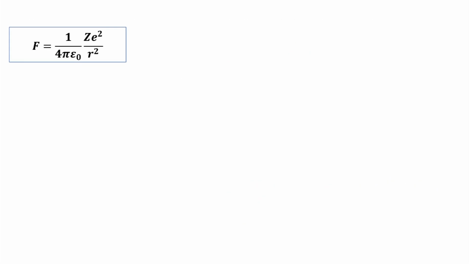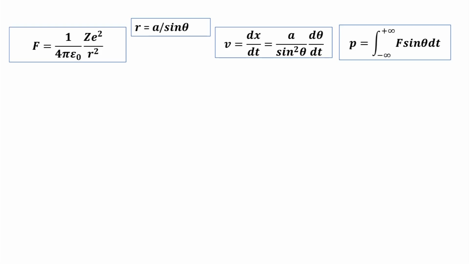Now, this is the Coulomb force between the atomic electron and the moving charged particle. We have already seen r is equal to a by sin theta, then x is equal to minus a cot theta, and then v is equal to dx by dt.